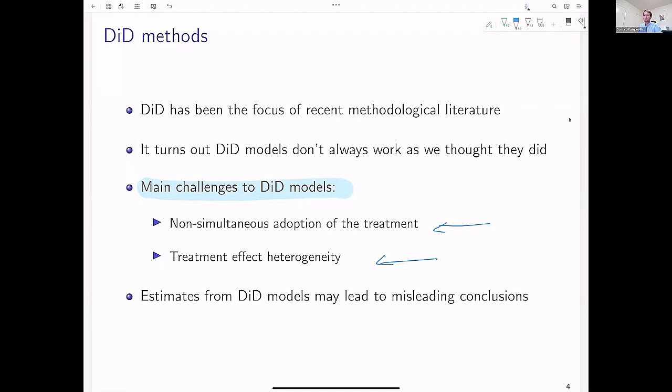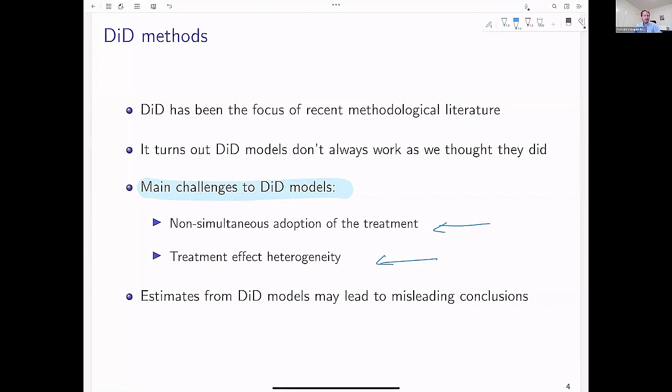Okay, so this is what we call treatment effect heterogeneity. And so we will see that the combination of these 2 factors of treatment effect heterogeneity and non-simultaneous adoption of the treatment will generate problems for the diff-in-diff. And so then if we just estimate the effect of a policy using a diff-in-diff in such setups, we may get misleading conclusions. Okay.